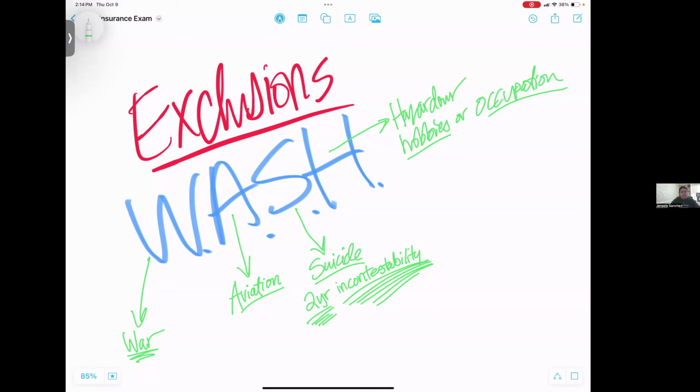So the default settlement option is cash out. That's a good one. If they don't choose a settlement option, then the default option is cash out, 100% lump sum. The beneficiary still receives it because it's their money, but they're going to receive it in a lump sum cash out.